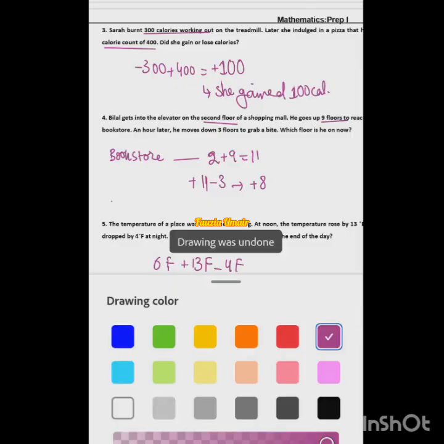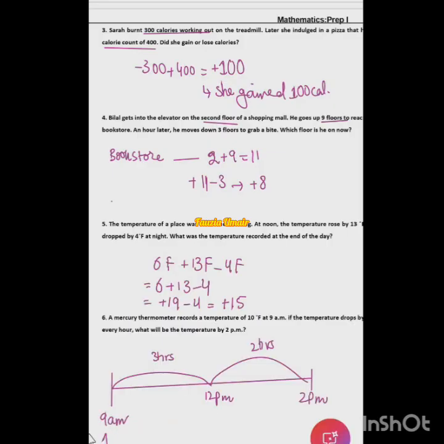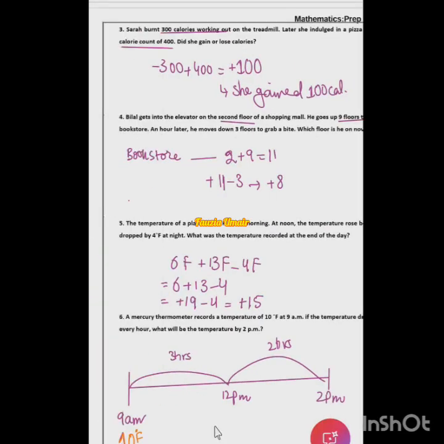Let me change the color so that you can see clearly. The temperature was 10 Fahrenheit at 9. It drops by 3 Fahrenheit. What would be the temperature at 10? It would be 7 Fahrenheit.